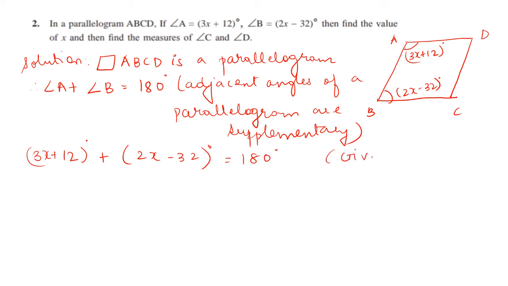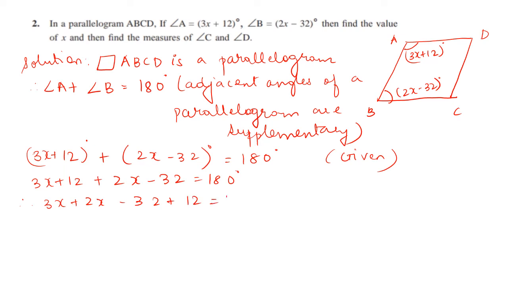This is given. Then when you open the brackets, you get 3x plus 12 plus 2x minus 32 is equal to 180 degrees. Then you take the like terms together. 3x plus 2x gives 5x, and minus 32 plus 12 gives minus 20, is equal to 180 degrees.